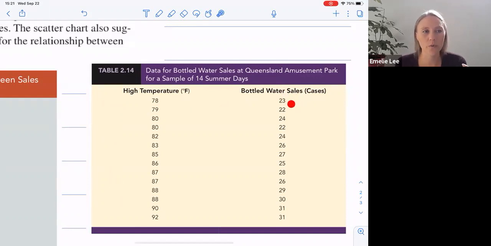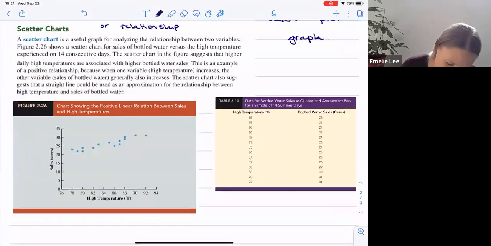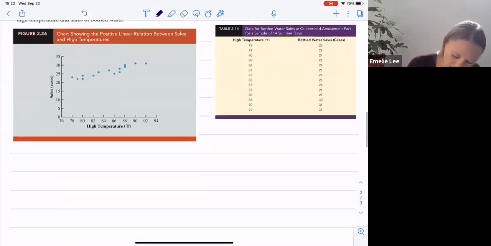We had to decide which one is the response variable and which one is the explanatory variable. Now I'm drawing a blank if I have talked about the response variable with you guys. I definitely have in my other class, but we need to decide.